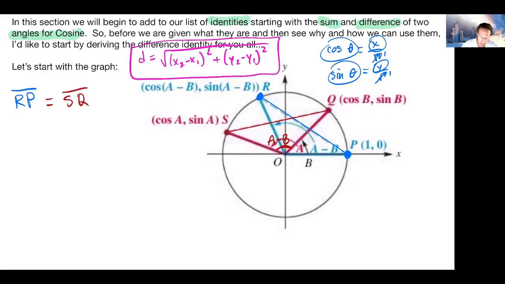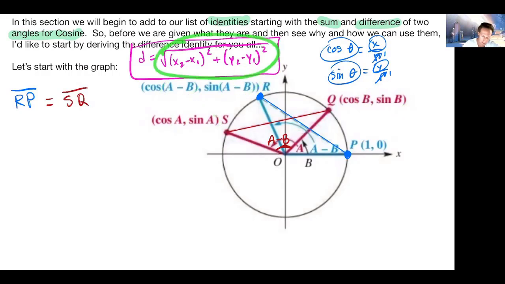And so remember I refreshed your memory that this is how we find the distance between any 2 points. Whether our x's look like 2's and 5's or negative 3's and 1's, like they always had been in algebra, now they look like cosines and sines of various angles, whether they're A's, B's, or A minus B's.